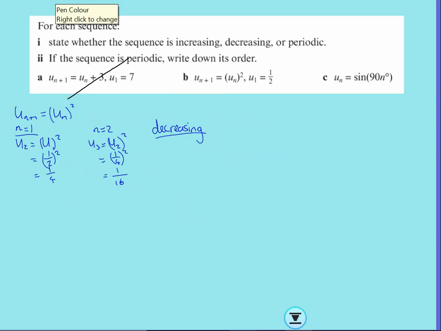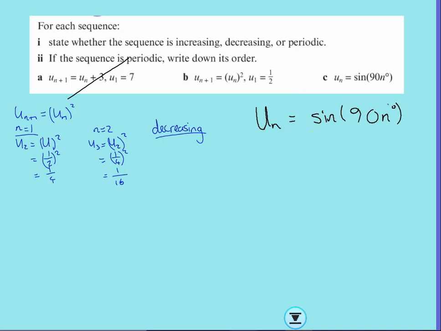Okay, let's tidy this up a bit so it gives some room. C, we've got a bit of trig in here. You can see it's not a typical recurrence formula because we haven't got the next term. Let's just see how this goes. That's important because it's in degrees.